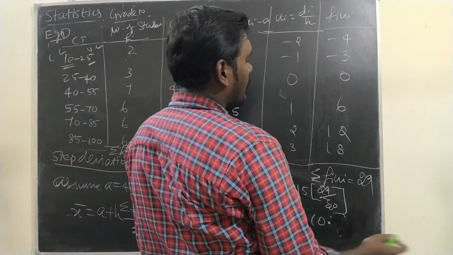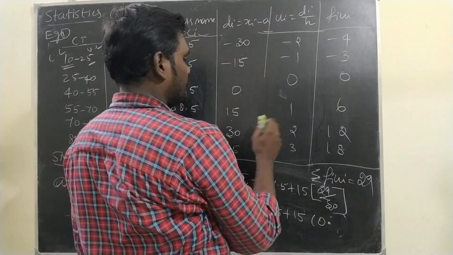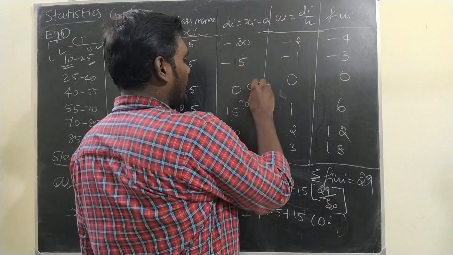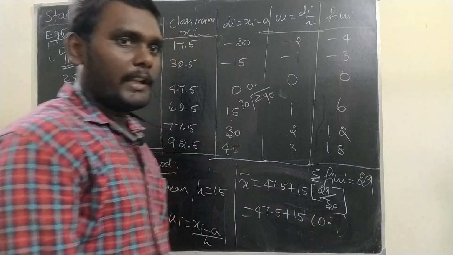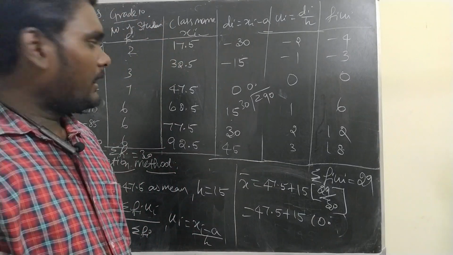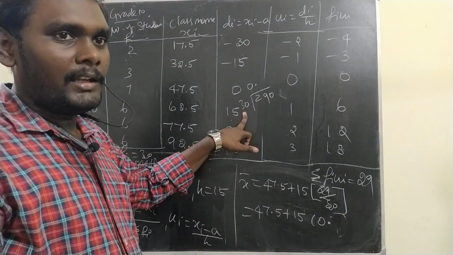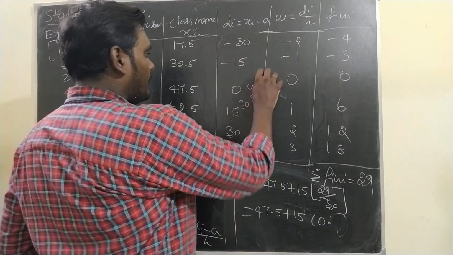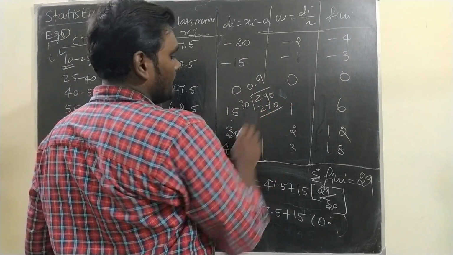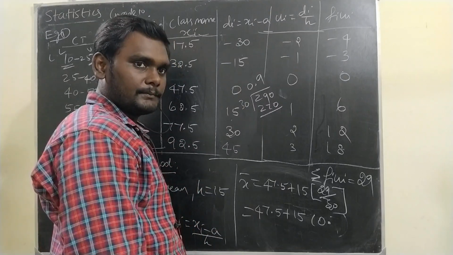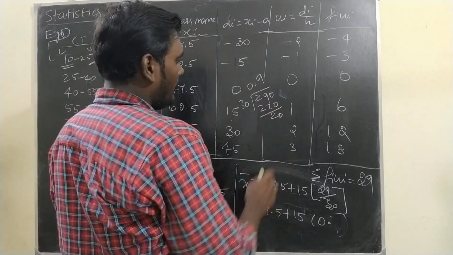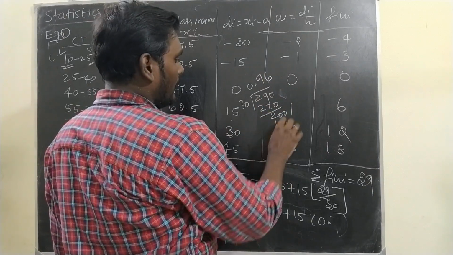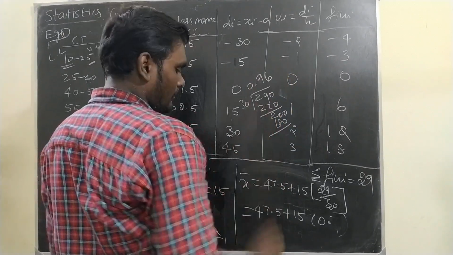See, we'll divide 29 by 30. 290, 9 times 3 is 27, 270. Then 20, again 20, 6 times 3 is 18, 180, that's all, 0.96.